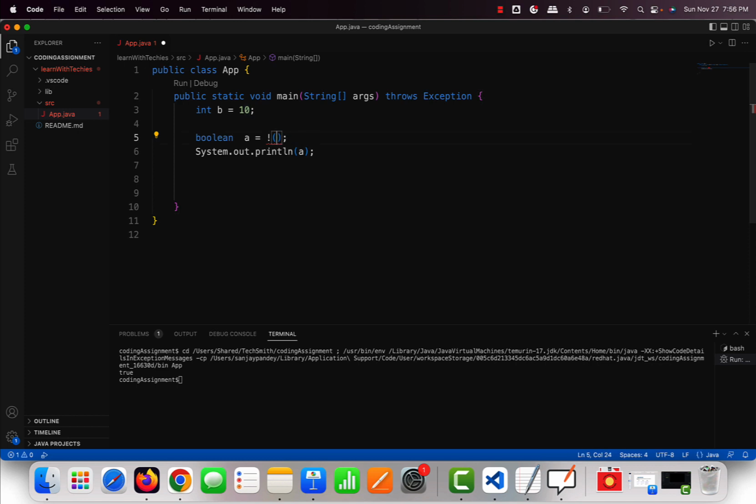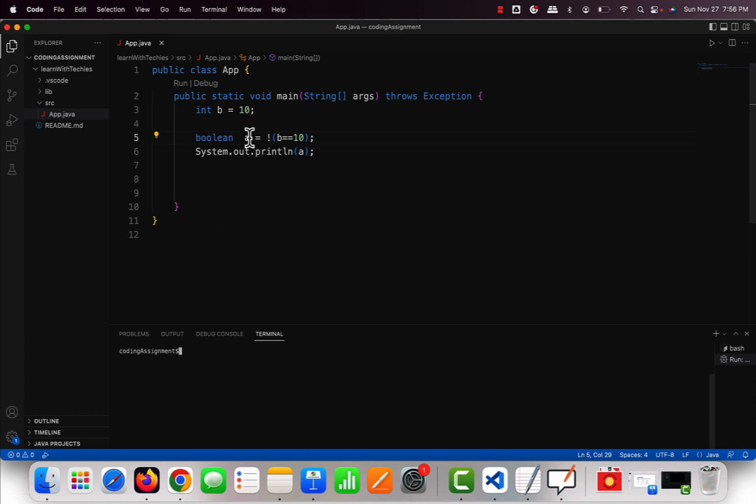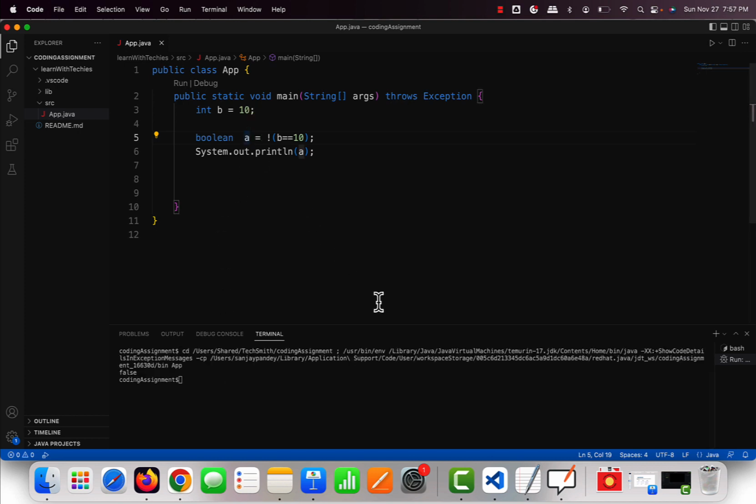Let me write something true, like B equals 10. Now since it's true, the opposite will be the result, so A will be false. So basically whatever boolean value we have here, if we add a not there, then the opposite of that boolean value will be the result.